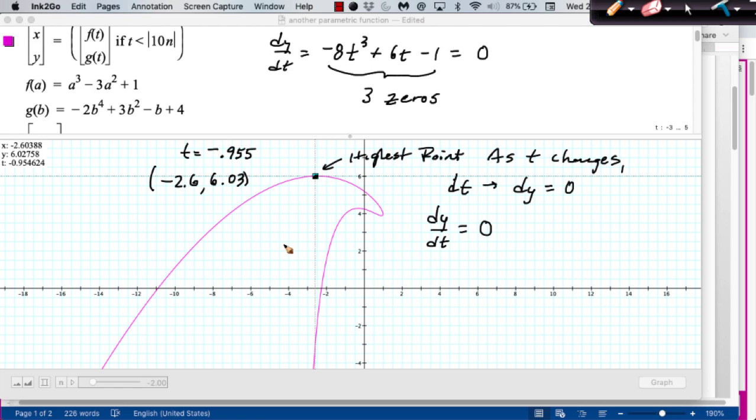So when t is negative 0.955, I get this ordered pair, negative 2.6, 6.03, and that's representing the highest point. Okay, but I told you that this equation actually gave 3 zeros. Why does it give more than 1? Do you see why it gives more than 1 zero, not just the one at the top?